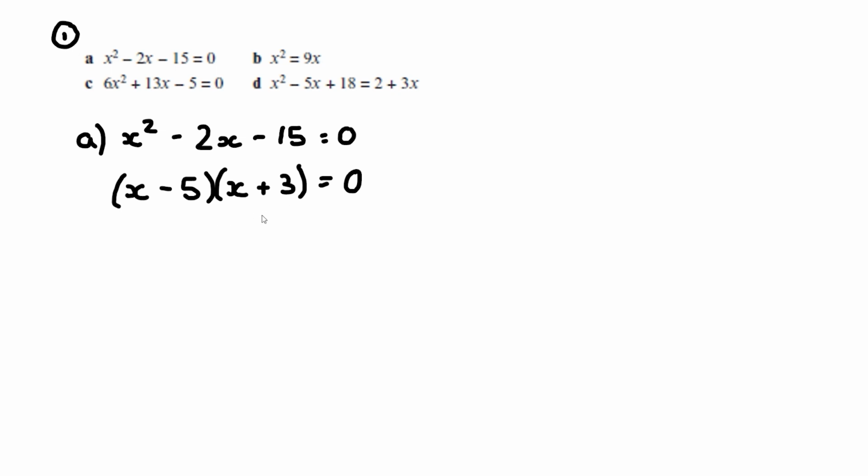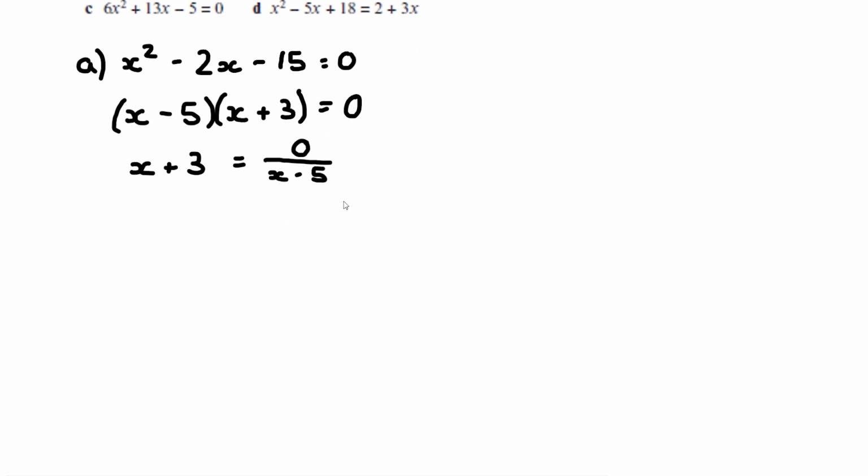what we want to do is divide both sides by one of these brackets. So let's say we pick this bracket. Then we divide both sides by x minus 5, which means we'll have x plus 3 remaining on this side, and we'll have 0 over x minus 5 on this side. Well, what can we do here?